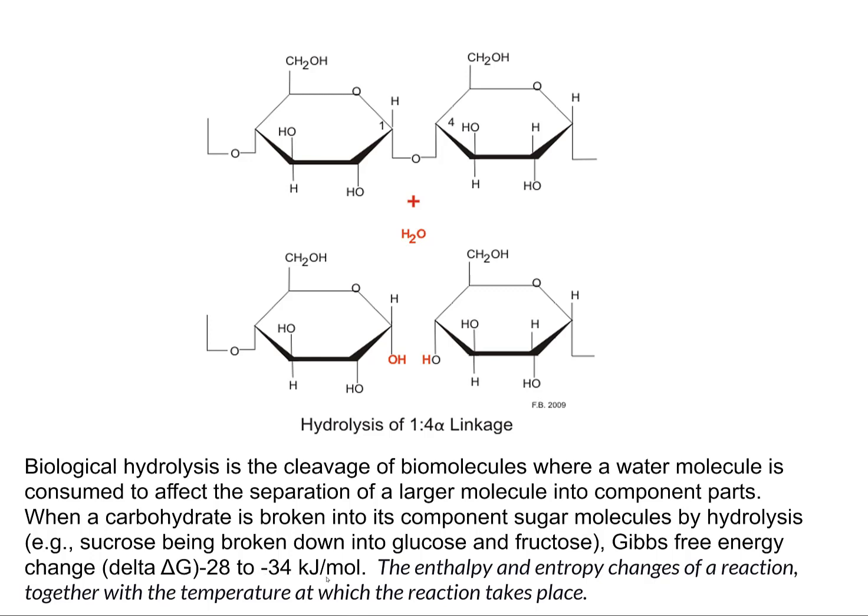Now, this is complicated. This gets into the chemistry of things, and I'm going to bring it up. I'm not going to run from it. It's really just a matter of getting familiar with Gibbs free energy, and it's sort of counterintuitive, but the free energy is the amount of energy, with a negative sign: delta G is minus 28 to 34, and it's the temperature and other factors that relate to how much energy there is.